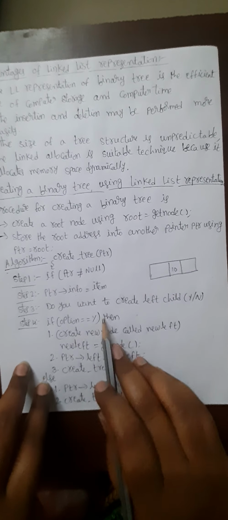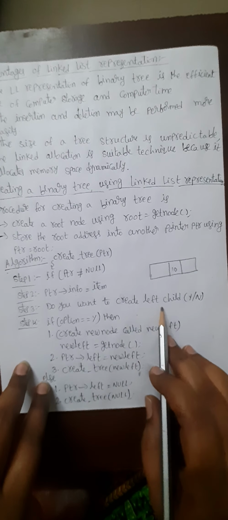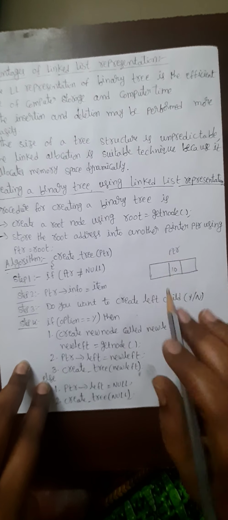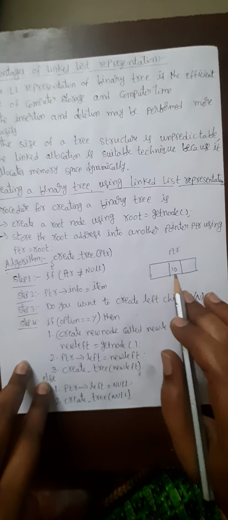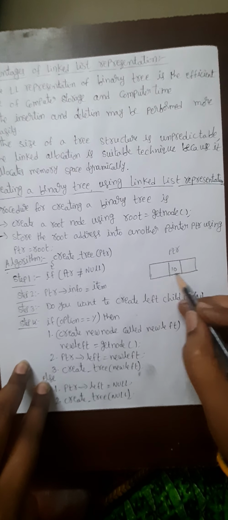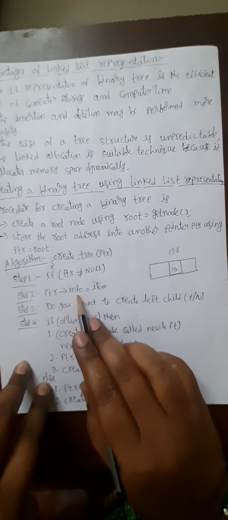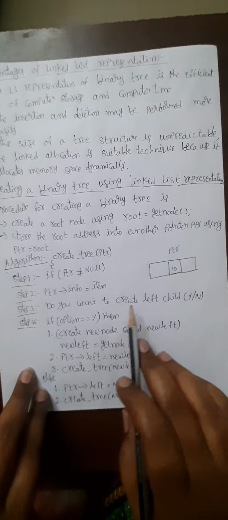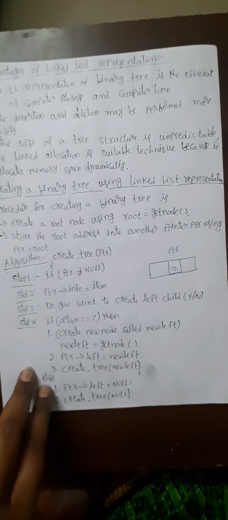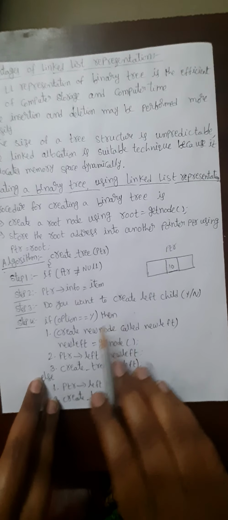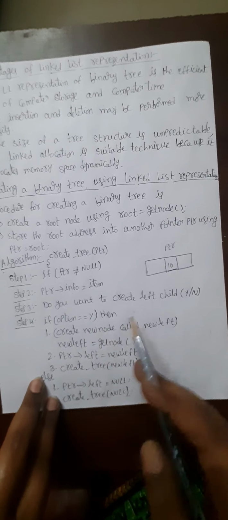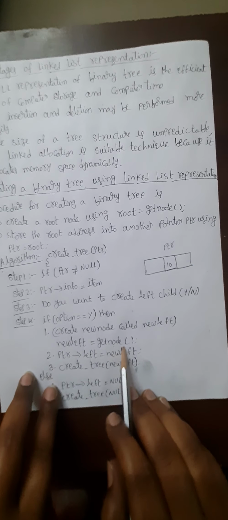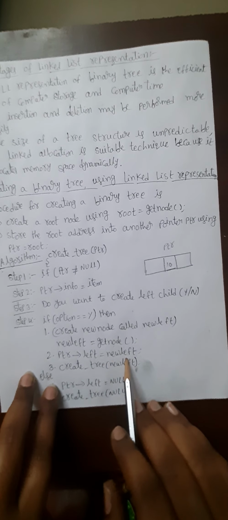And after that, do you want to create the left child? That means one node has been created. This is called the pointer and this is also called the node. Node has been created and here we have inserted the item, that is pointer to info equal to item. And again we ask, do you want to create the left child? If we select yes, that is if we want to insert the left child, here new left equal to get node, pointer to left equal to new left.